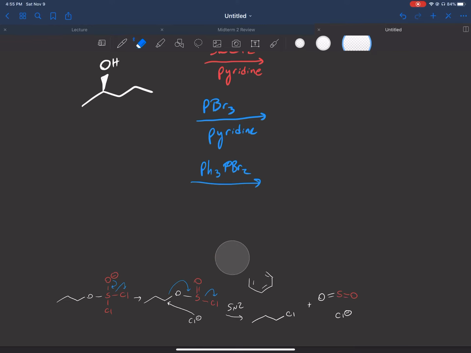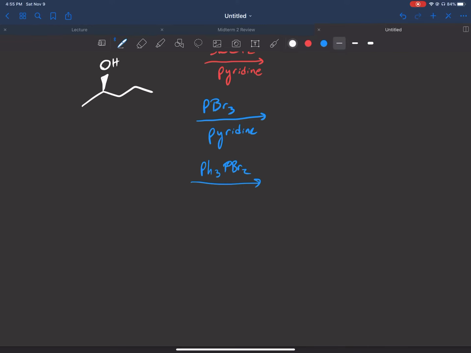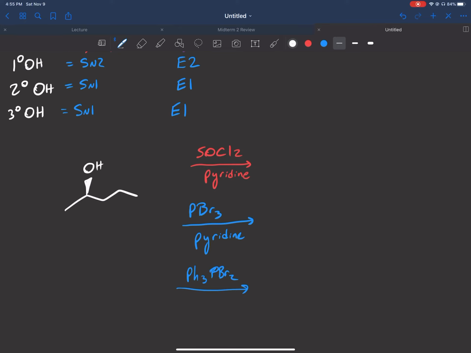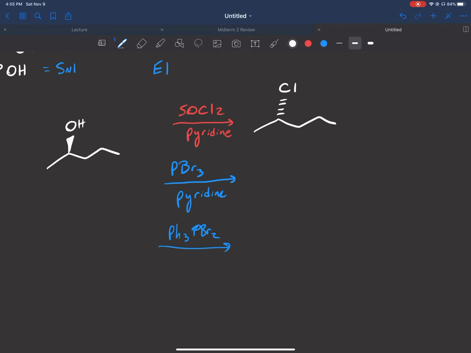So if I erase this, now we're going to get something that looks like this. So we just put a good leaving group on there, but with inversion. Okay, and so now we can again do substitution elimination reactions using our old rules. But the key thing here is we used inversion. And PBr3 and the others do the same thing, but they just add bromine.